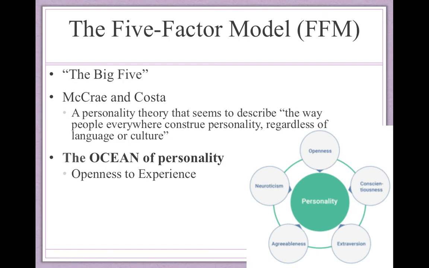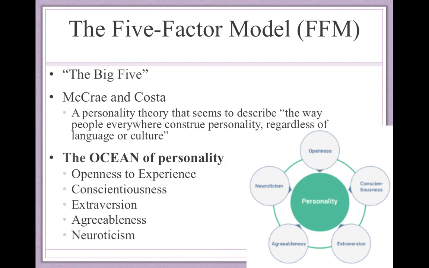So O is openness to experience, C is conscientiousness, E is extroversion, A is agreeableness, and N is neuroticism. And we'll talk about all of these separately in just a second.